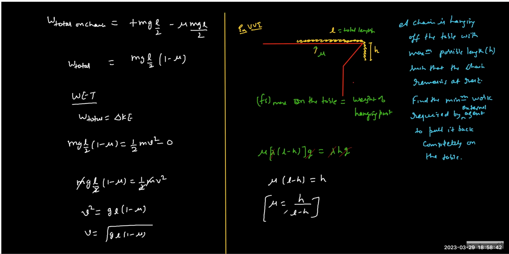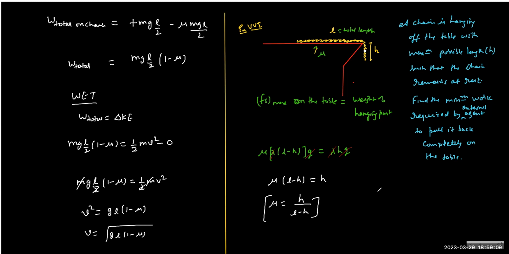Now begins the second part, how to start the assumption. Again, I will do it by the graphical method because that's easy. Right now, where is the center of mass? The center of mass is h/2, right? And what is the weight of the hanging part?